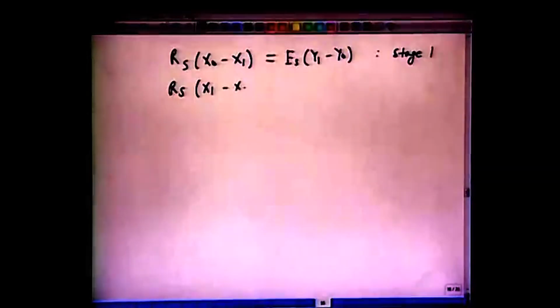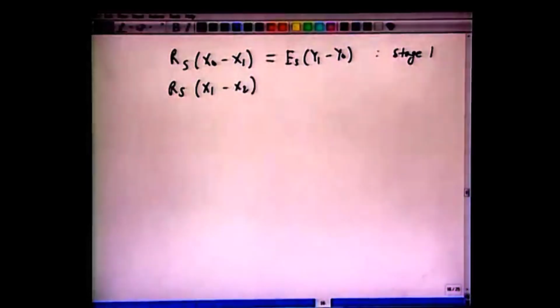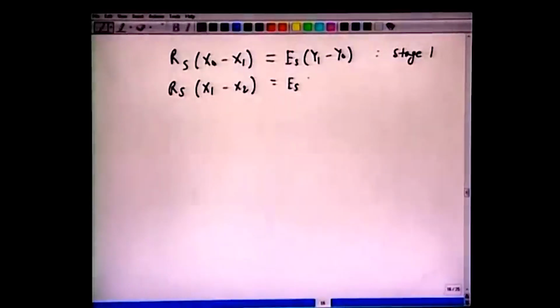Okay. We can write down the same for stage 2. RS will not change. This is solid free basis solvent. So, solvent flow rate will remain the same. This will be RS. Now, this would be x1 minus x2. So, this is second stage. This will equal ES. We are assuming ES1 is same as ES2. So, we do not have another subscript here. So, this is ES, and now we have Y2 minus Y0.